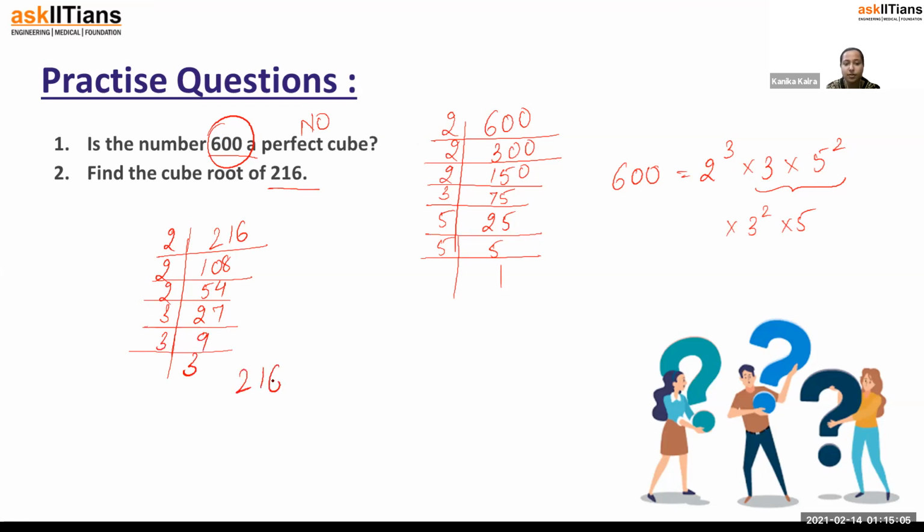So the prime factorization for 216 would be 2 cube into 3 cube. That means the cube root of 216 would be equal to 2 into 3, that is equal to 6.